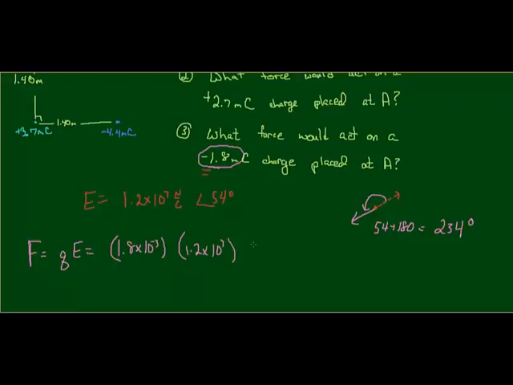But this time, because it's a negative moving charge placed there, it's pulled in the opposite direction than your field lines, so the angle is going to be at 234 degrees. And I believe my calculator told me that was 2.2 times 10 to the 4th newtons at an angle of 234 degrees.